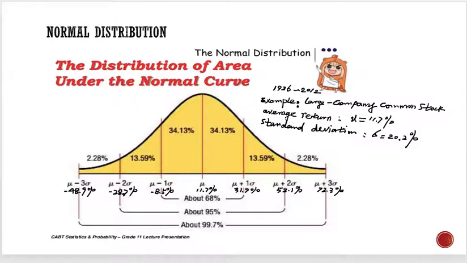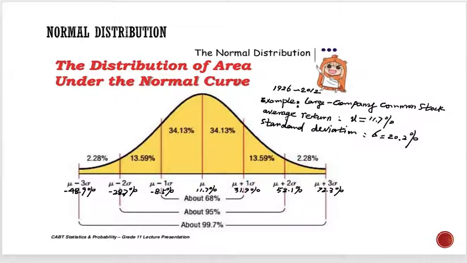About 85% of the data points fall into the mu minus 2 standard deviation, mu plus 2 standard deviation.